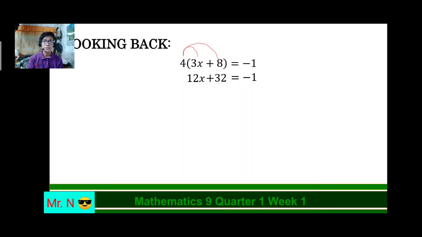So, using the addition property of equality, we should add the opposite of negative 1, and the opposite of negative 1 is positive 1, right? So let's add positive 1 on the right to remove negative 1, because when you add positive 1 to negative 1, the answer is 0. And since you add on the right side by the addition property of equality, you should add also on the left.